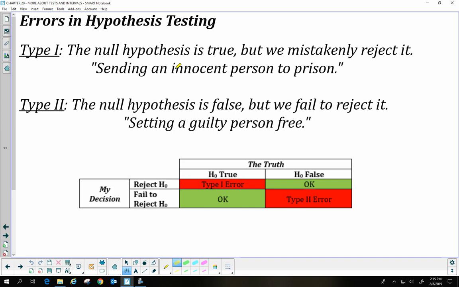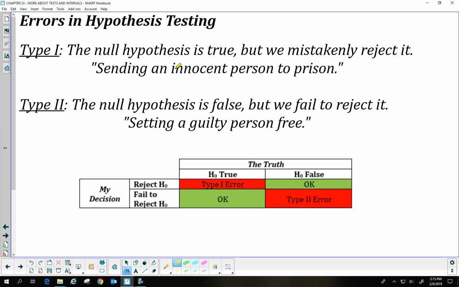So a type 1 would be sending an innocent person to prison. We reject a true null hypothesis. A type 2 is when we fail to reject a false null hypothesis, sort of like setting a guilty person free. And which one of those things is worse kind of depends on the scenario that we are doing our test for.